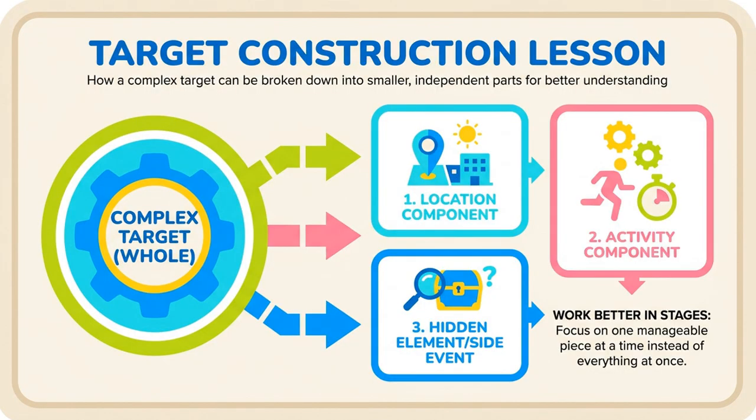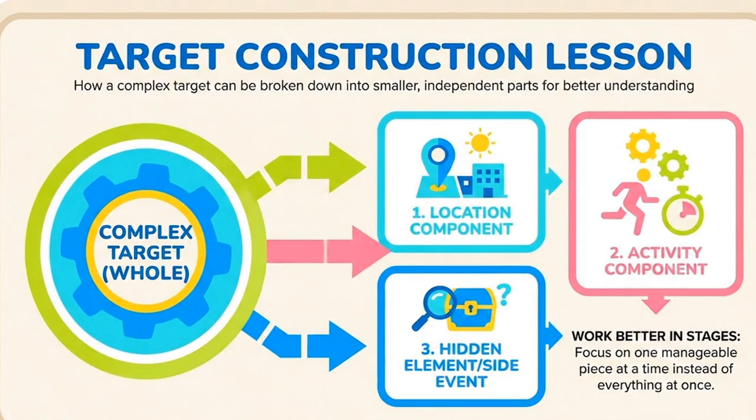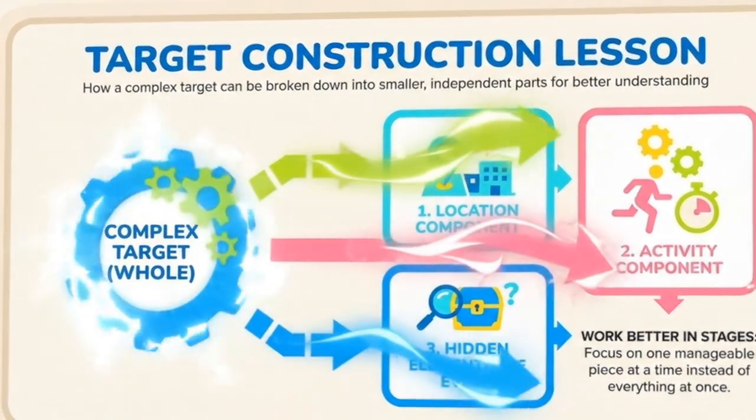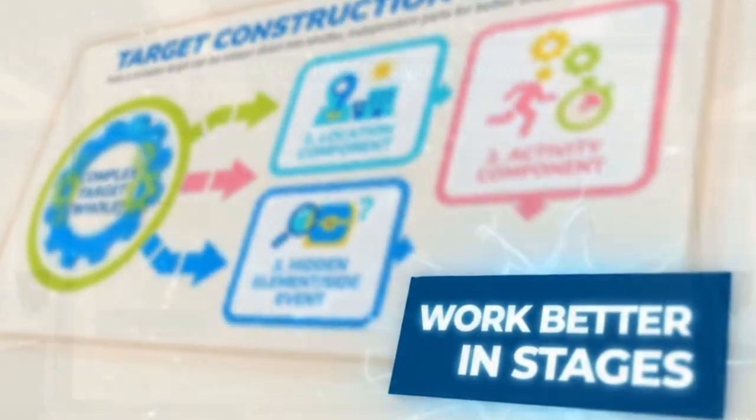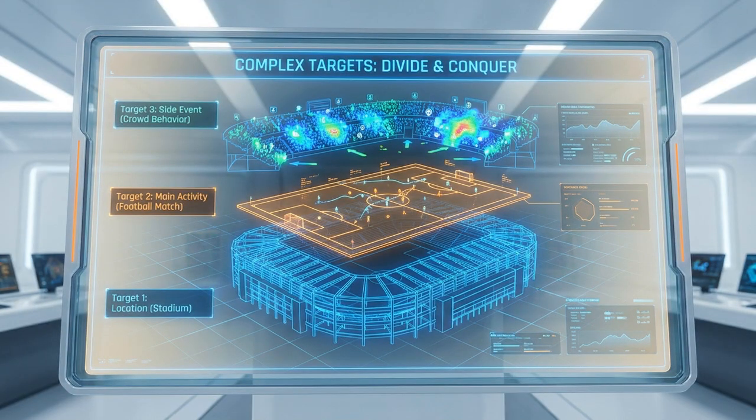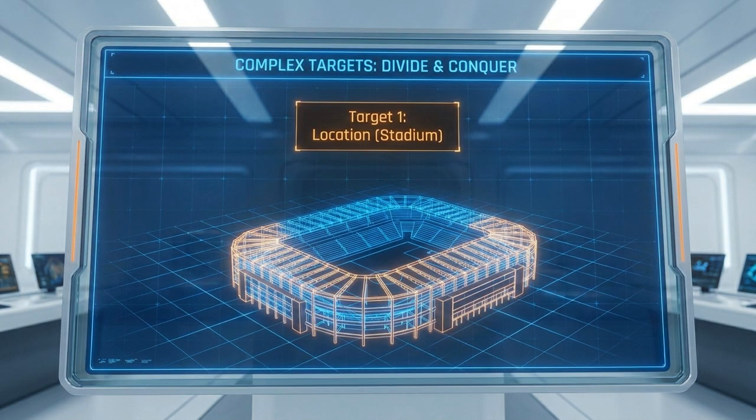Another key rule is do not overload the target. Complex environments introduce chaos. If a target is complicated, treat it as a project. Divide and conquer. Instead of throwing everything into one target under the label football match, break it down into stages. Target 1, describe the location, which is the stadium.